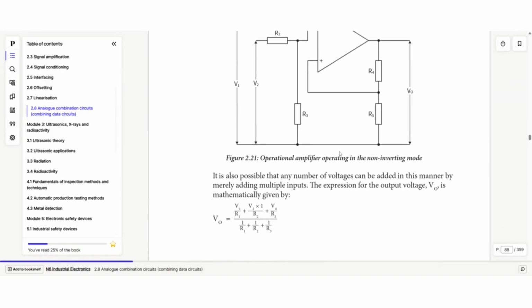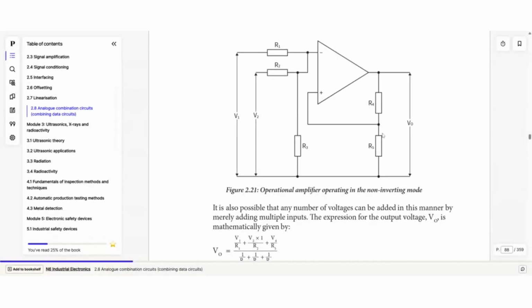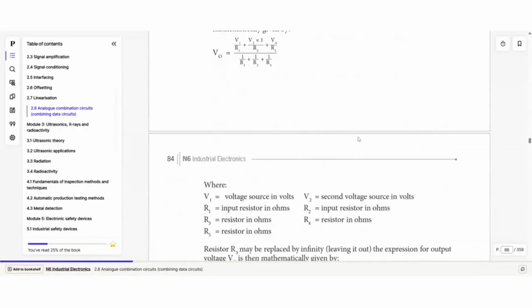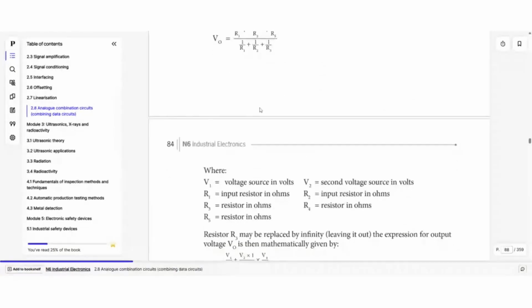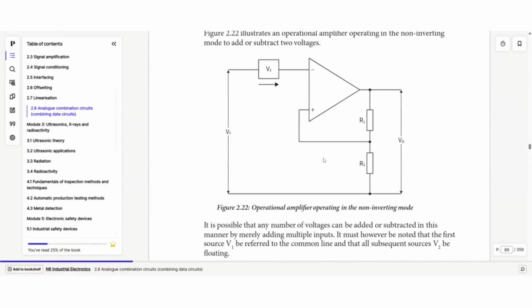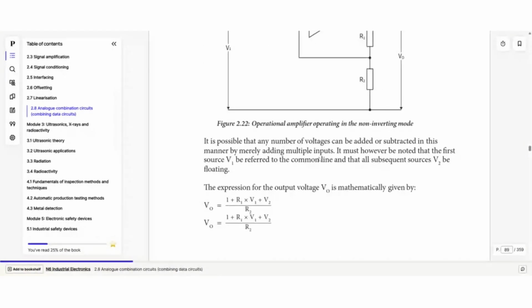I personally wouldn't do a non-inverting summing amplifier like this in practice, because now you have positive feedback here, which is a big no-no on an amplifier. I don't know why they went with this circuit implementation. But there's the formula for that summing circuit. I'm starting to think this might be a mistake that the author made. Anyways, there's the formula for this one.